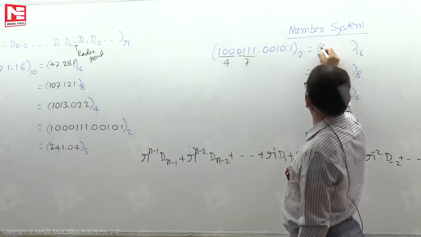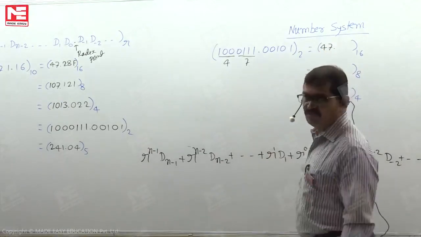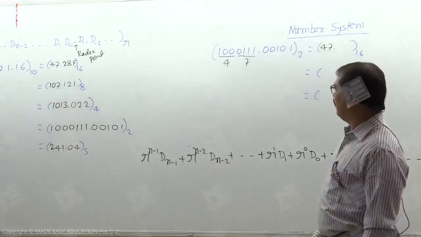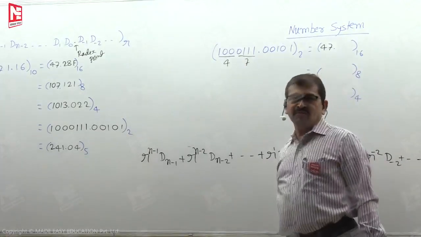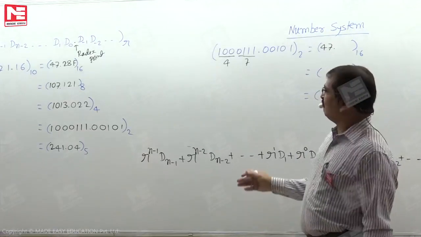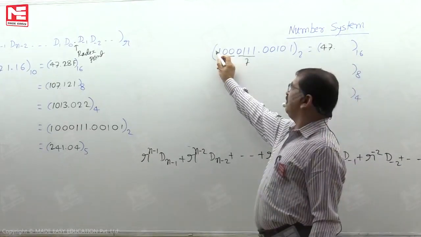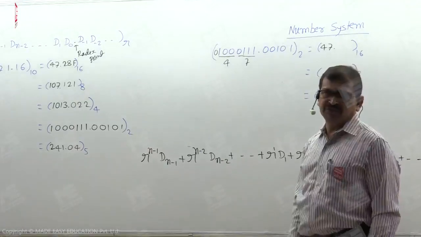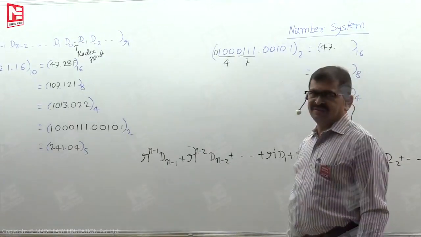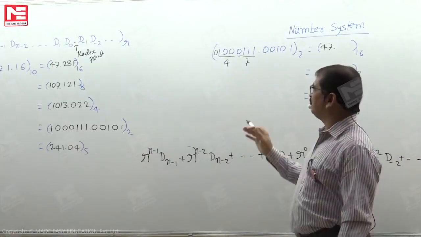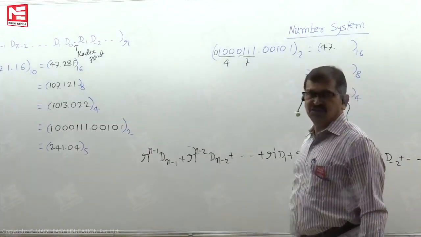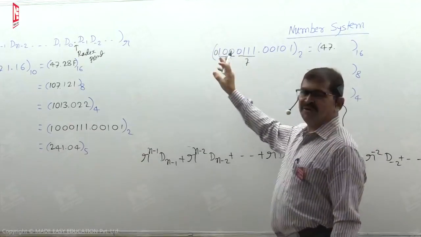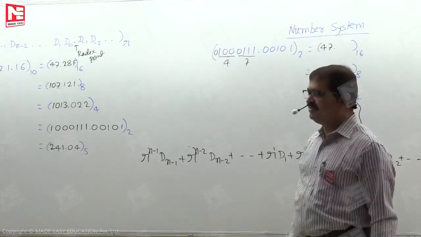So this is 47. And of course, in the second group we have only 3 bits. For your convenience, if you want, you can prefix a 0. Whether we prefix 0 or not, the numerical value is not affected.